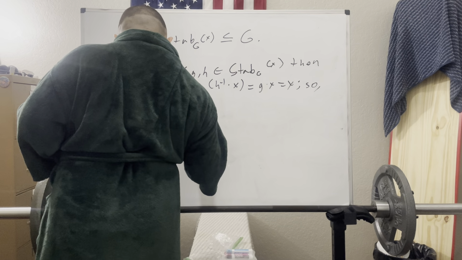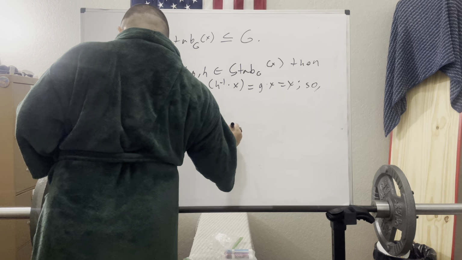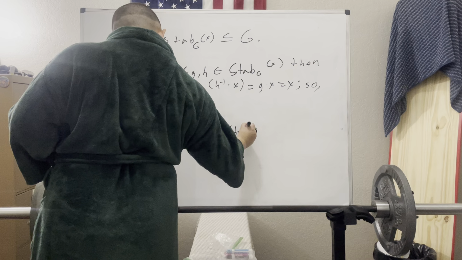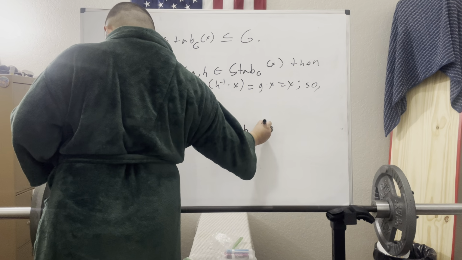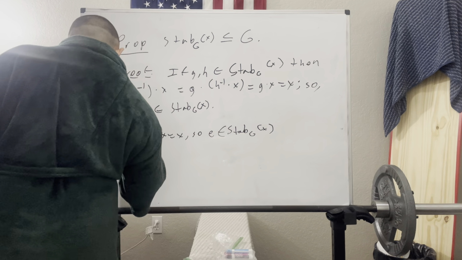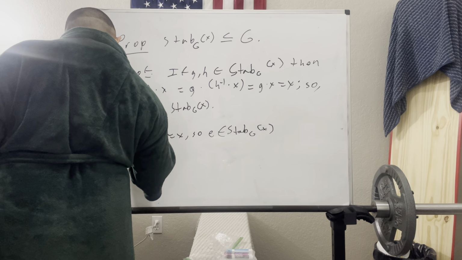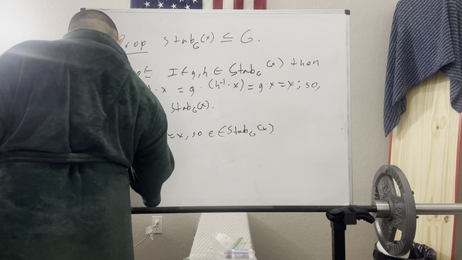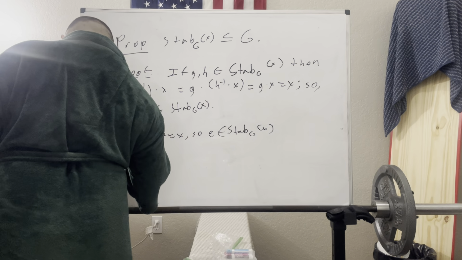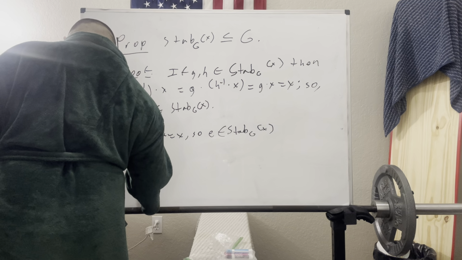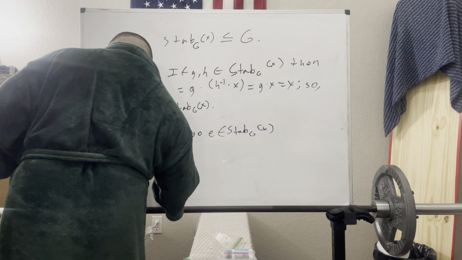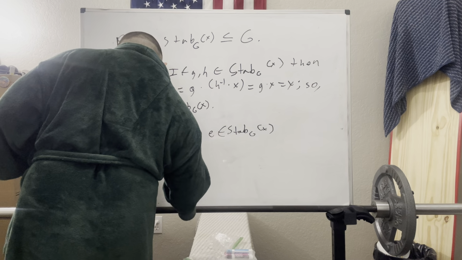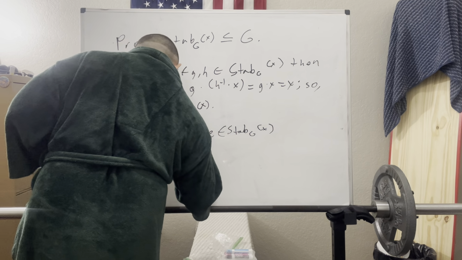So, e is within the stabilizer of x. Hence, the stabilizer of x is a subgroup of G.